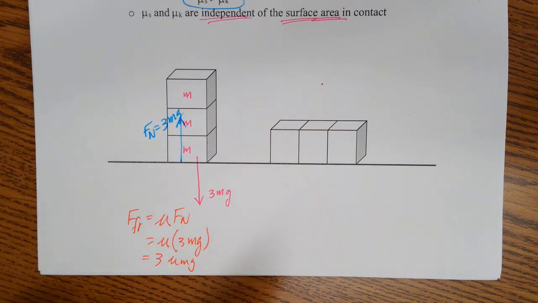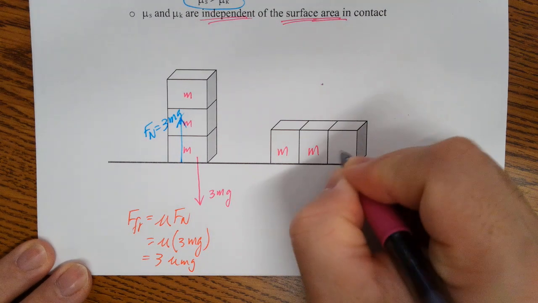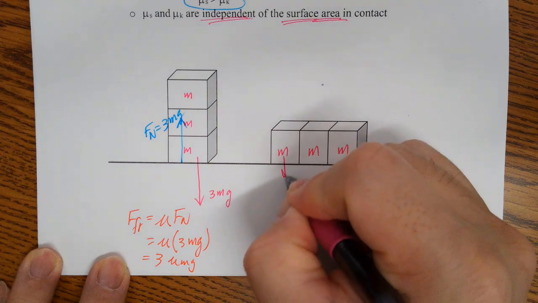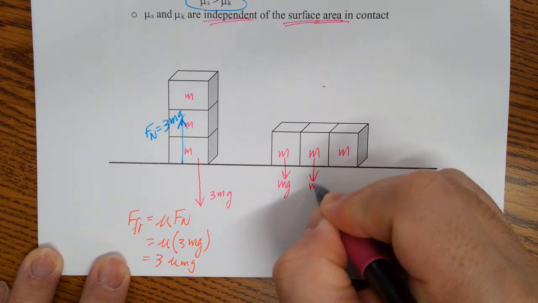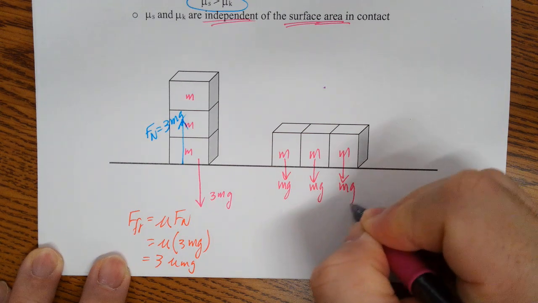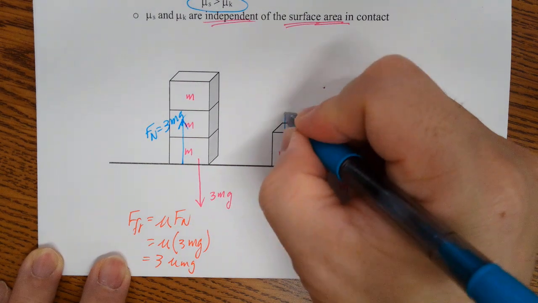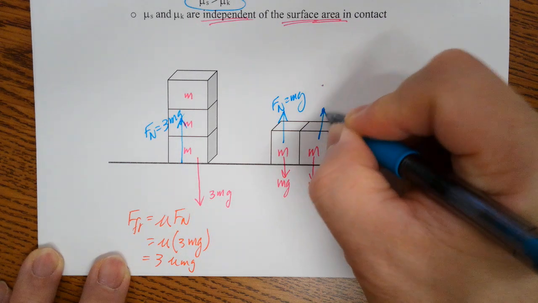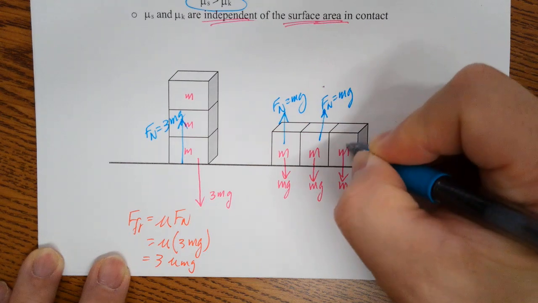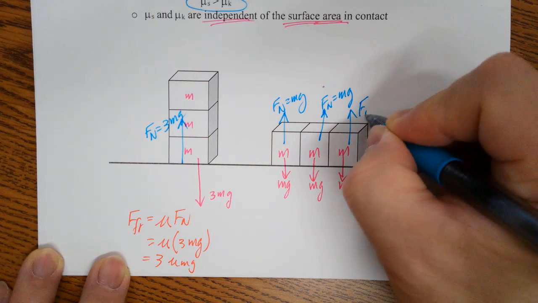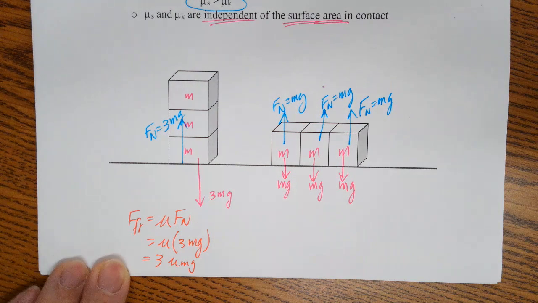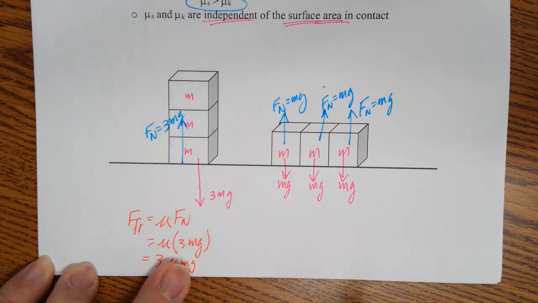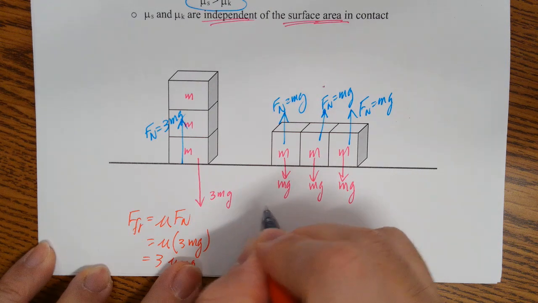Well, if I were to look at this, I have 3 masses along the side. Here I have mg, here I have mg, here I have mg. And the normal force is mg for this one, mg here, and mg here. I have three frictions, and each friction is going to be mu times mg.